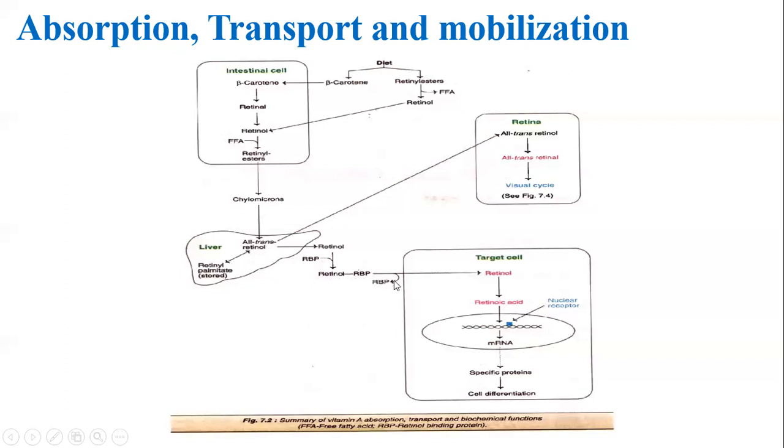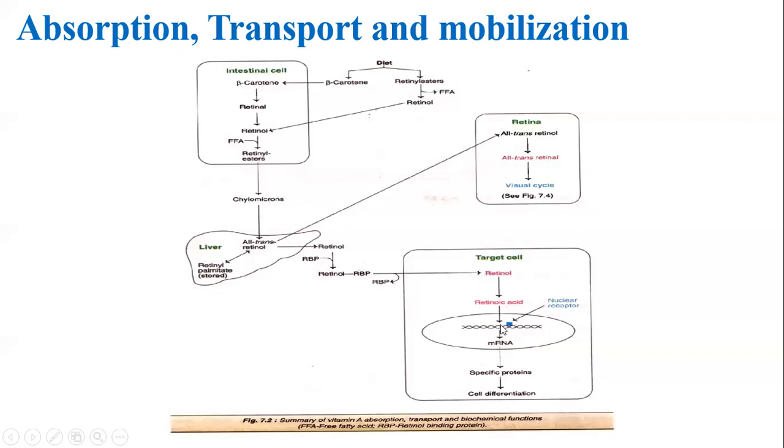After reaching the target cell, the retinol binding protein is released and the retinol enters the target cell. After entering the target cell, the retinol is changed into retinoic acid, and this retinoic acid acts as a nuclear transcription factor and helps in the transcription of the genetic material.